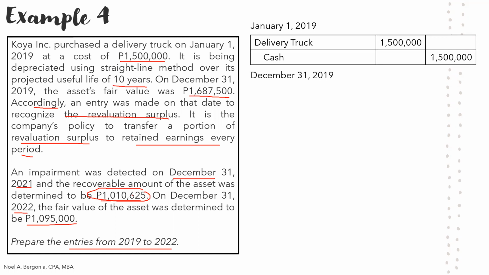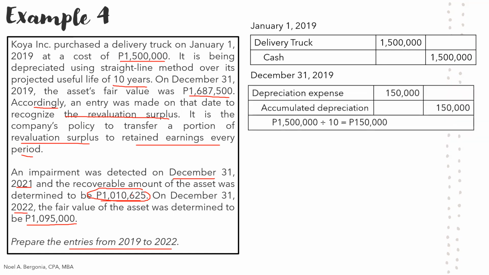So based on our data, we have a cost of 1,500,000 and 10 years useful life. Wala po tayong any salvage value. That's why we do not deduct any residual value. And the depreciation for a year would be 150,000. So debit depreciation expense 150,000 and credit accumulated depreciation 150,000.